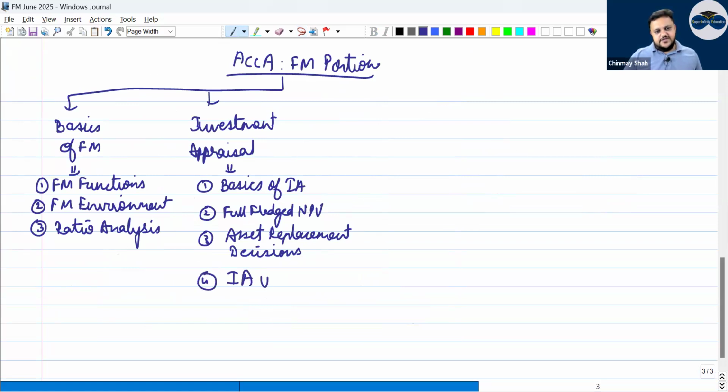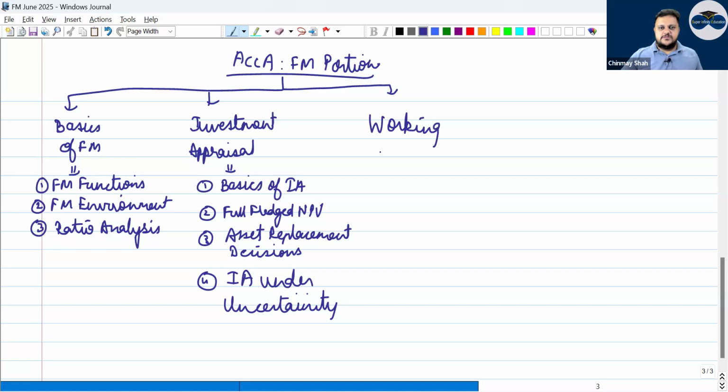Then investment appraisal under uncertainty. After that, you have the portion of working capital management. 6 or 7 parts, the whole portion is divided into. Correct.